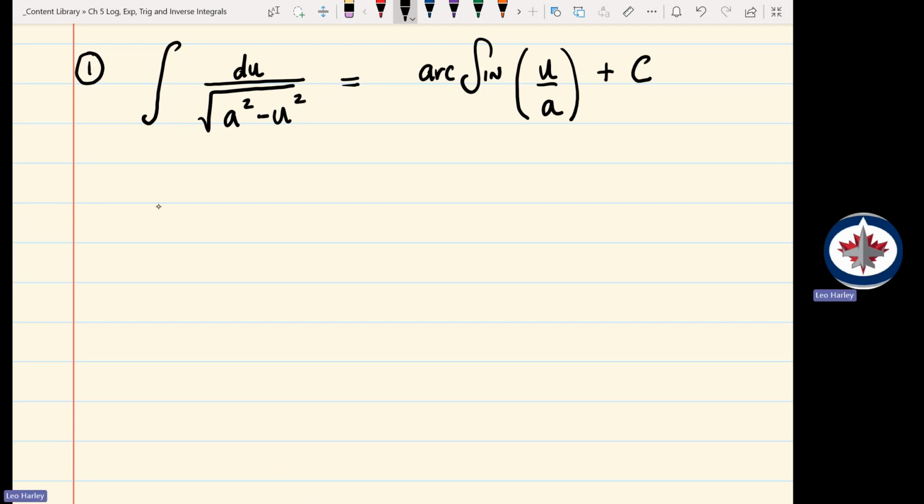All right, so here's the example. We're still in number 1. Upstairs is dx, so we're going to have to change the conversation, I guess. And then downstairs, it's 16 minus x squared. We need to make this work. We need to make this fit.